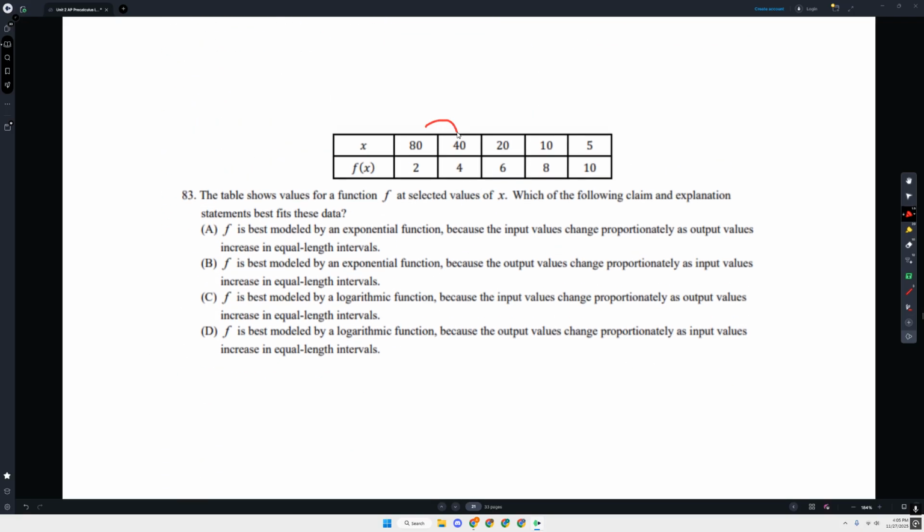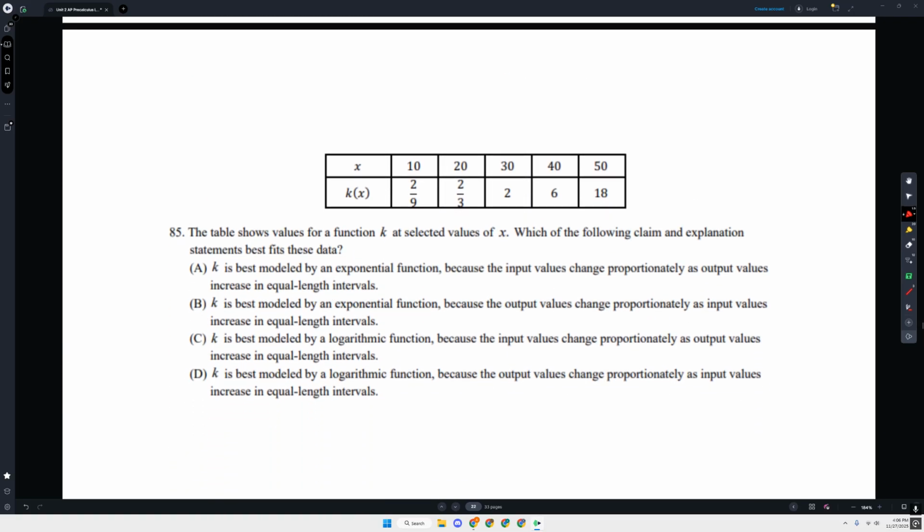From here, we're dividing by negative 2 each time. And we're adding 2, so this follows our logarithmic pattern because our x is proportional and our y is constant. And that would line up with C because it says inputs are changing proportionally as output values increase in equal length intervals.